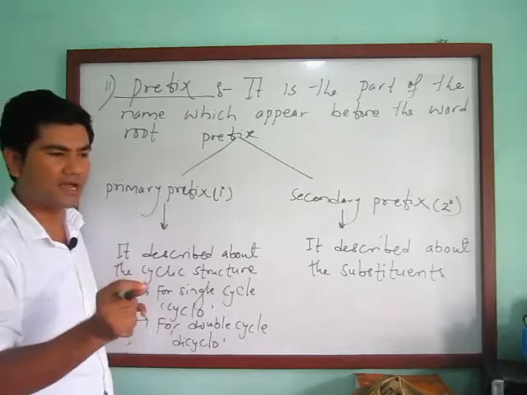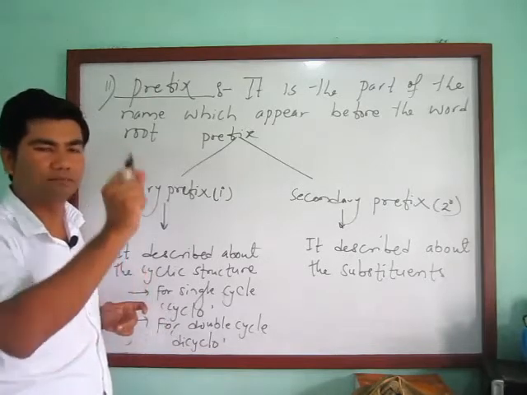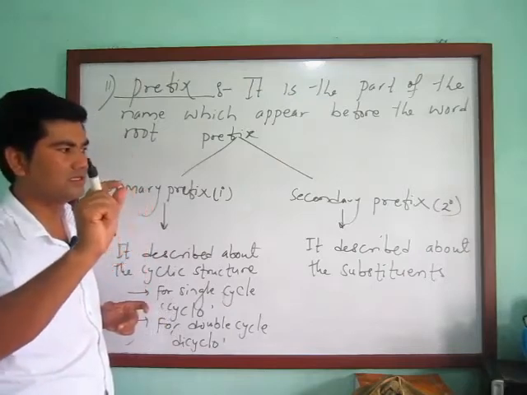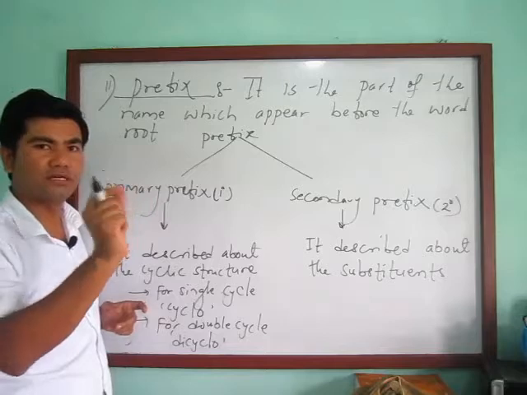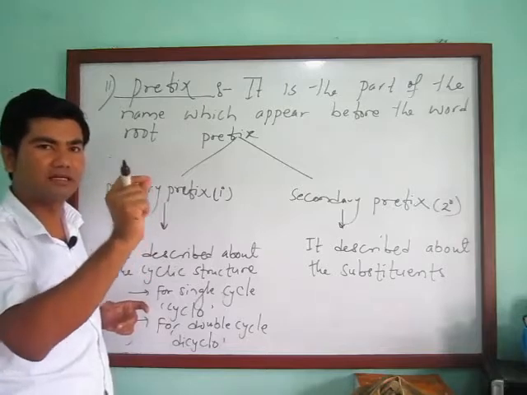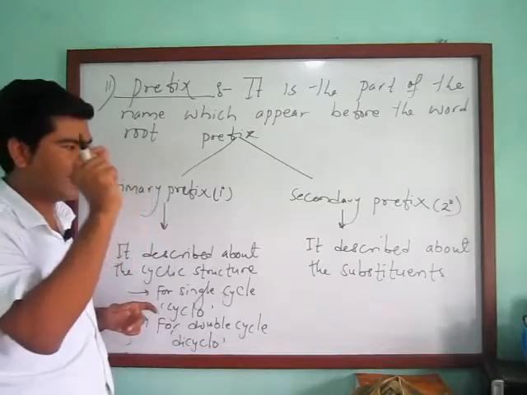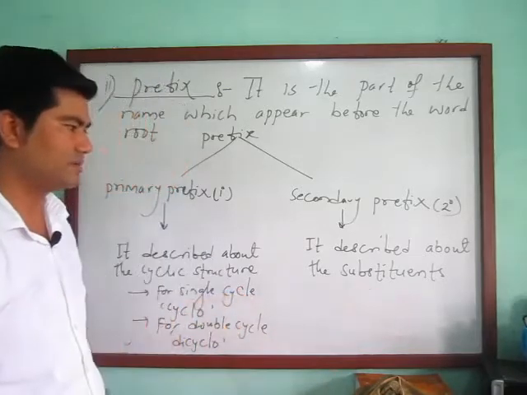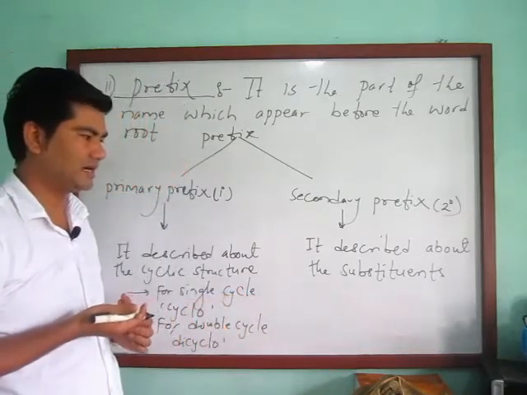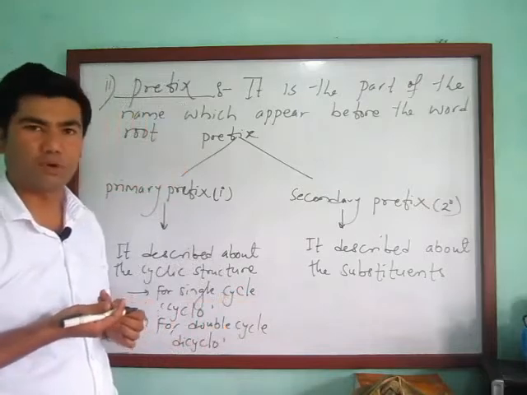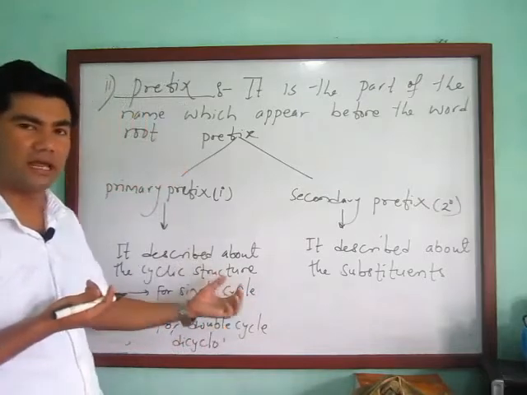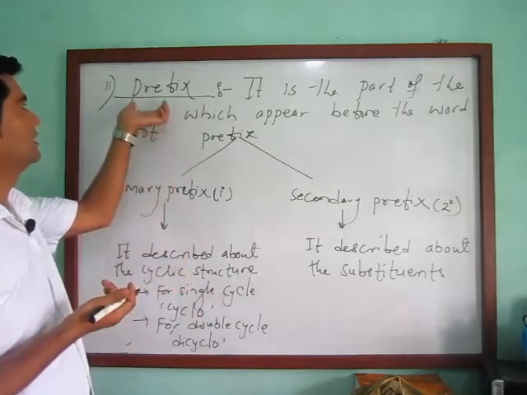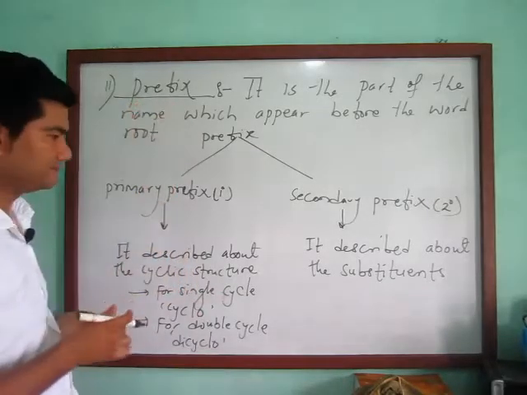If there is a branch and some atom, molecule, or compound attaches to that branch, then that is called the substituent. There are many substituents and their names are reported, and those names are used in the prefix.